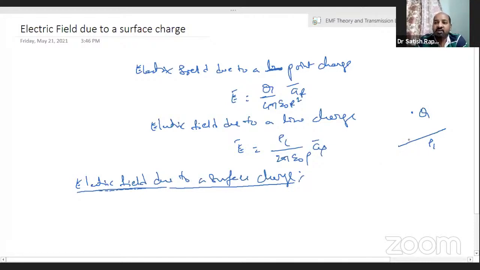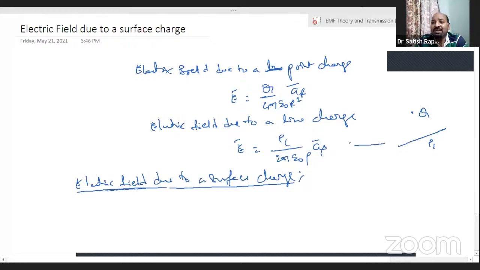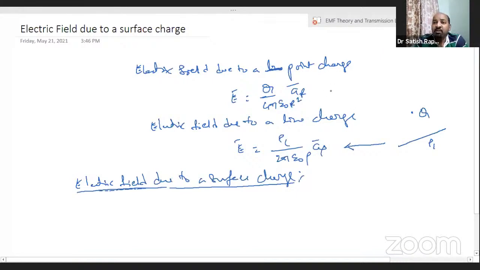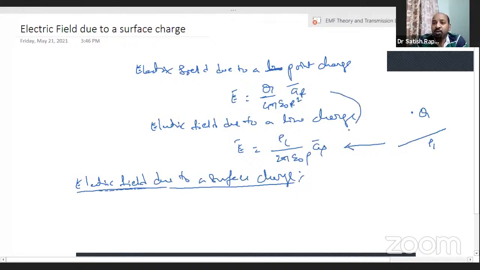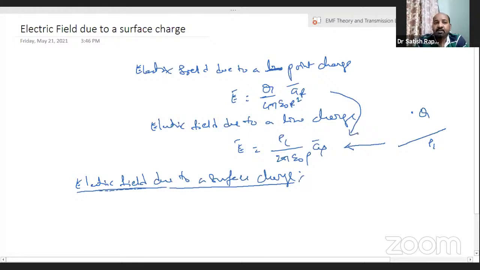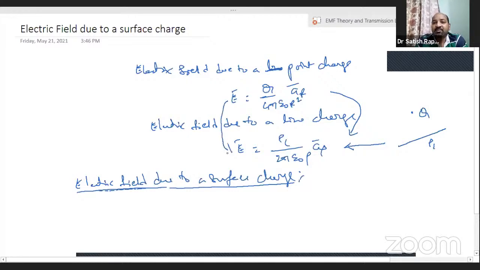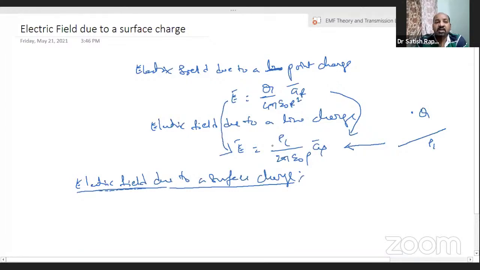That is why, while deriving electric field due to line charge, we used electric field due to point charge. From this expression, we derived electric field due to line charge, because line charge is nothing but a number of points connected together.